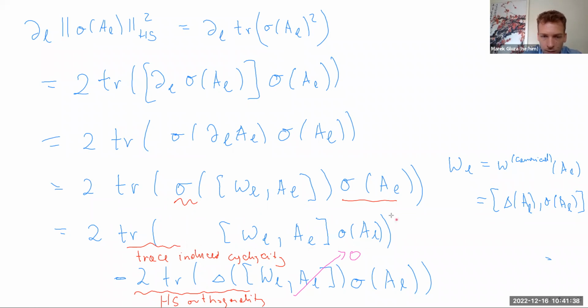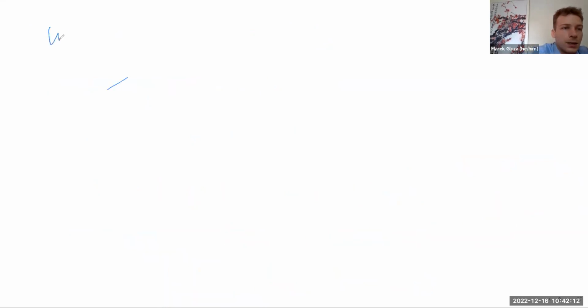So this operator together, it's just what we computed is that W L will go here, and then A L with sigma of A L will be here. Now this becomes 0 because even if I take a diagonal operator, multiply it to something traceless, it remains traceless. So this one we forget, and this one we just showed that this is trace of this anti-Hermitian canonical bracket squared. And the cool bit is that this bracket is anti-Hermitian.